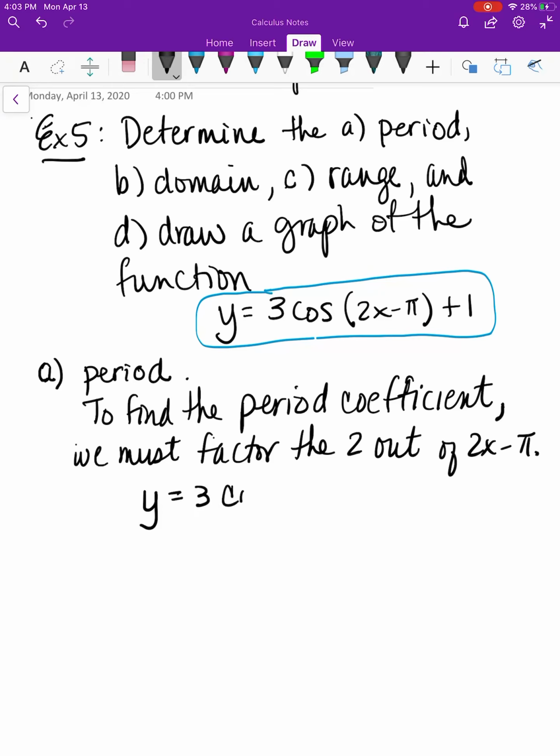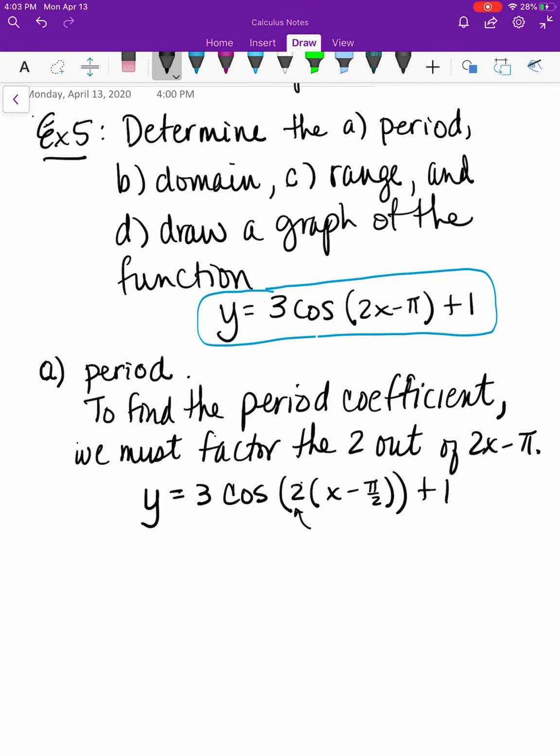which I'm saying that, but it really isn't going to help us find the period coefficient too much. When we do that, we've got that, right? Because when you factor, you're dividing by 2, dividing by 2. And if you wanted to check it, you can distribute back and make sure you get back to what you started.